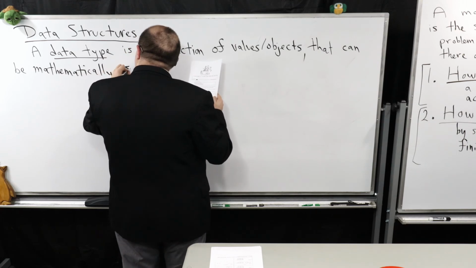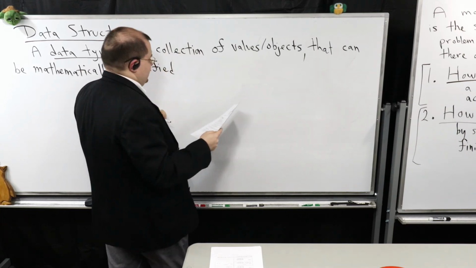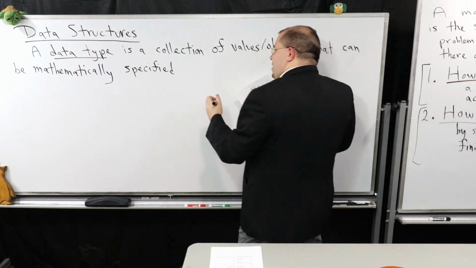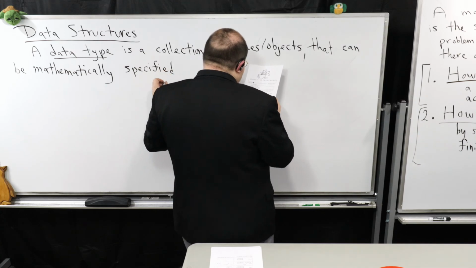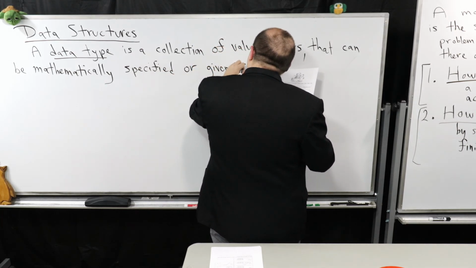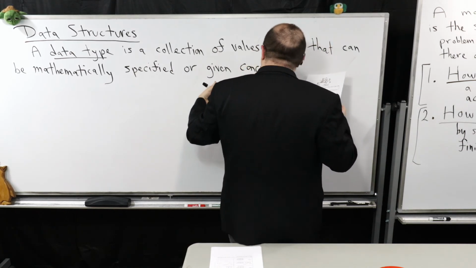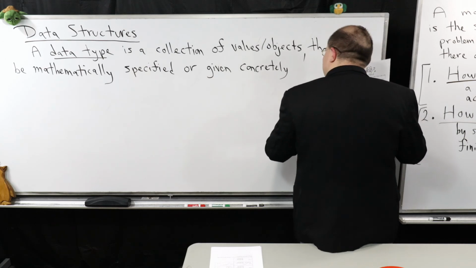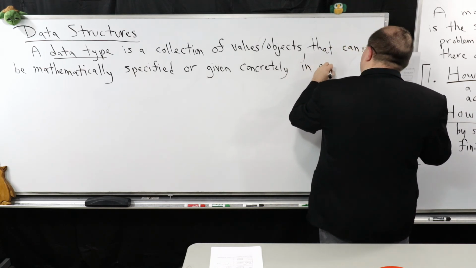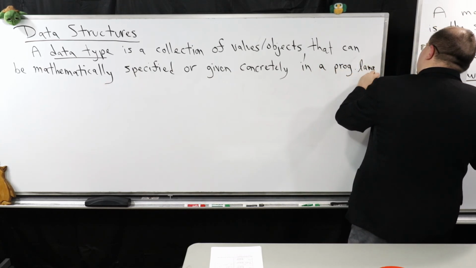Mathematically specified means I'm giving you an exact specification of what exactly it is, an exact definition. Exactly specified or given concretely means that you actually have this thing manifested in something like software, given concretely in a programming language. So something like C++.